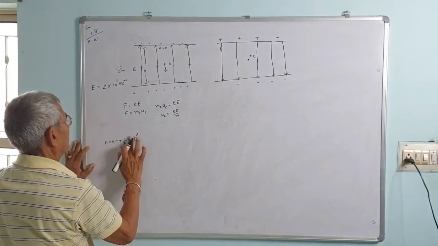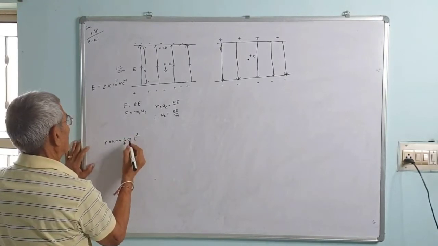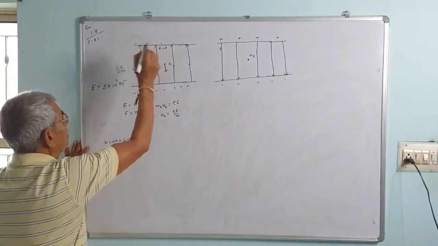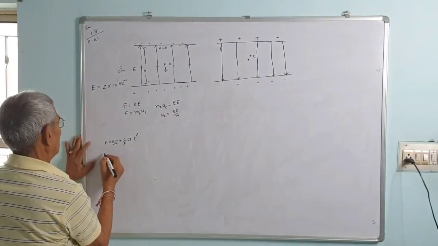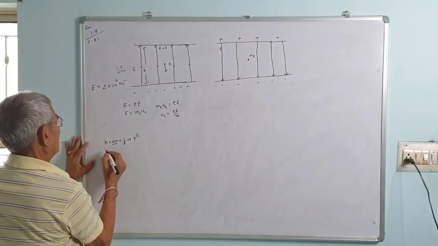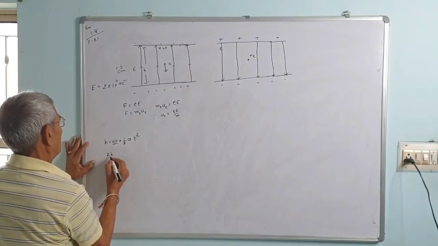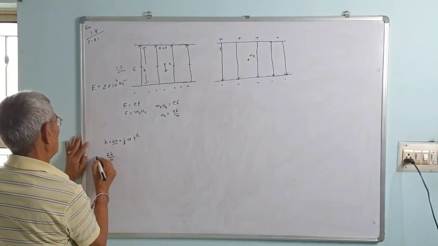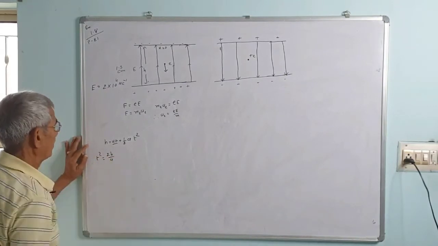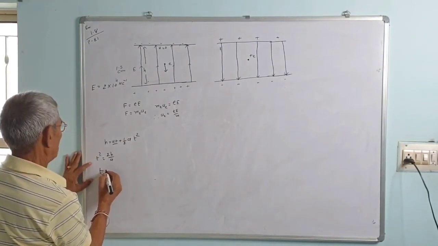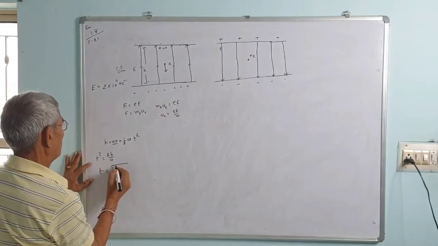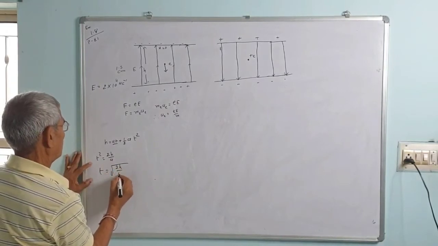The initial velocity is 0, so we get 2h upon a equal to t square. So the time taken by the electron is equal to the square root of 2h upon a.